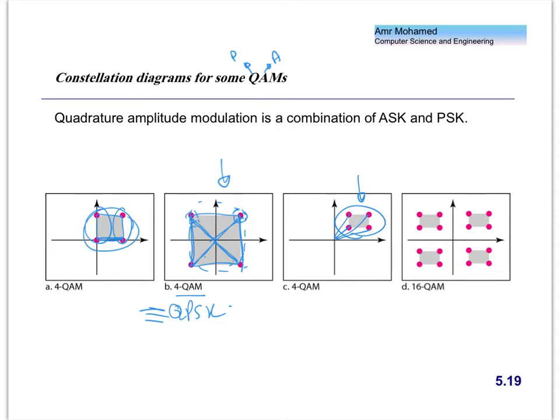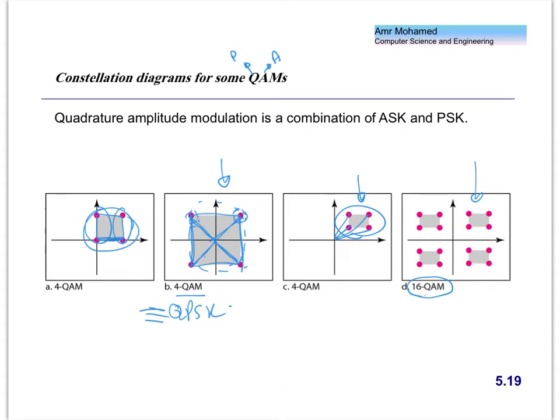But the main advantage of QAM modulation is where you have 16 symbols. So definitely, if you have more than 4 symbols, if you have 8 symbols or 16 symbols and so on, then you can arrange nicely the symbols in the IQ diagram like so, right?